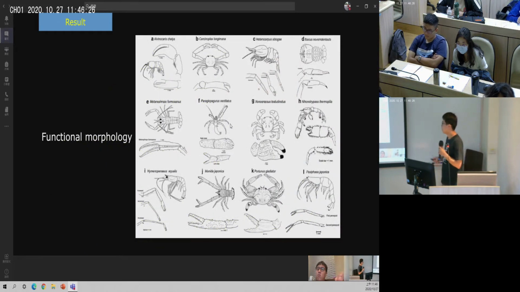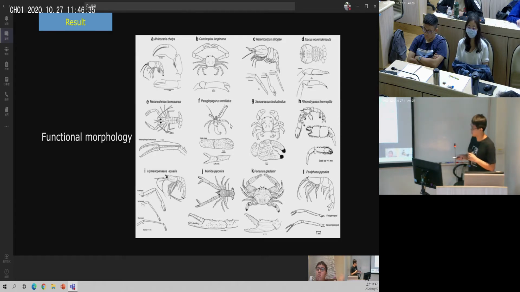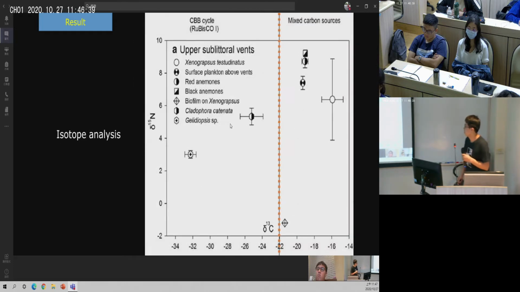Okay, so our results. The author wrote a lot of beautiful pictures, and I'm not going to talk about the details. My important presentation is here, the isotope analysis. The x-axis is delta 13 carbon, and the y-axis is delta 15 nitrogen.